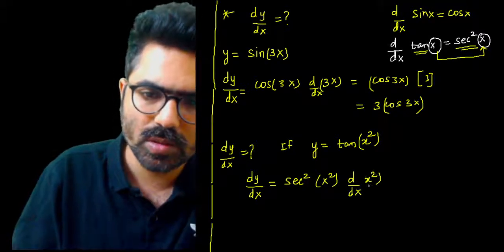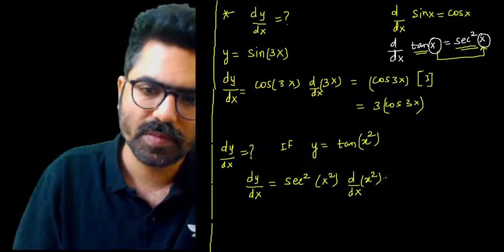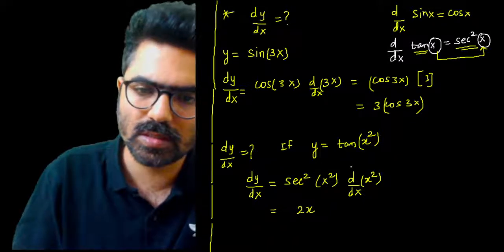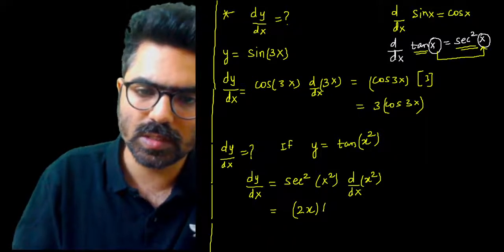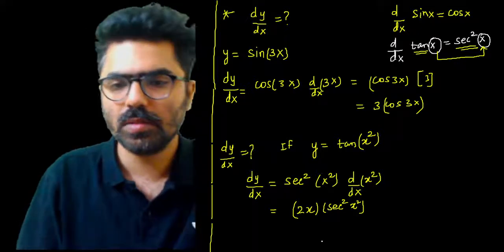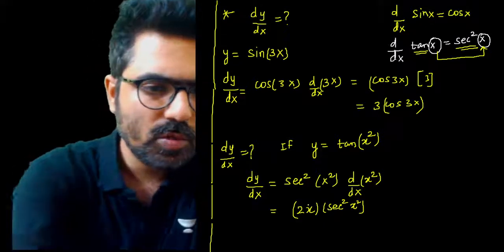Because of chain rule, whatever is after tan, we use the derivative of x square, and that results into 2x. So this is 2x into sec square x square. I hope you are getting this part.